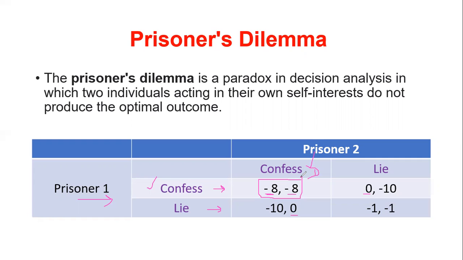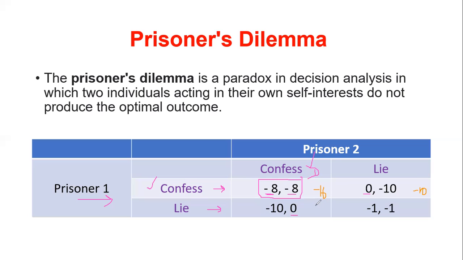How? Let's calculate the outcome in case of collusion or in case of cartel when both players have contact. Here it is 8 plus 8, 16. Here it is 0 plus 10, that is 10 years of jail.